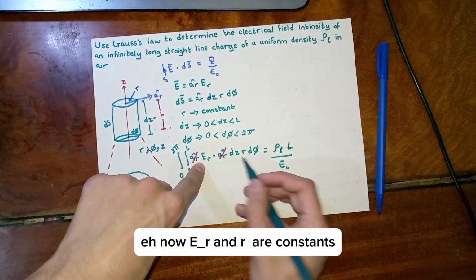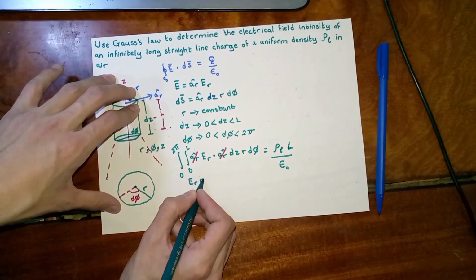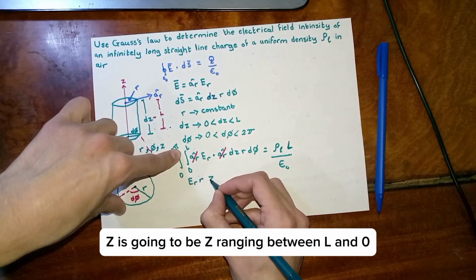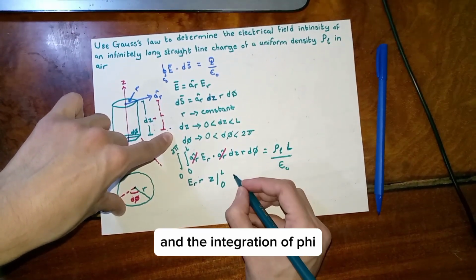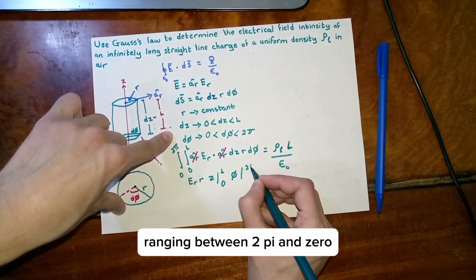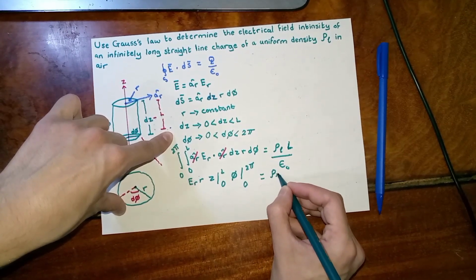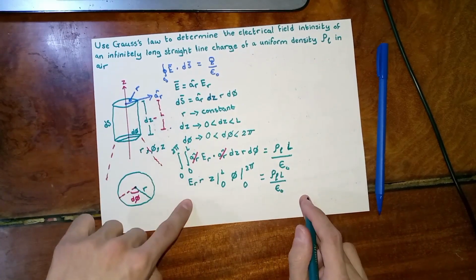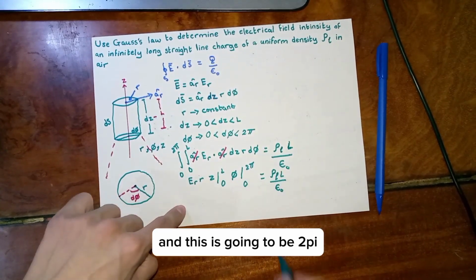Now E sub r and r are constants. The integration of dz is going to be z, ranging between L and 0, and the integration of d phi is going to be phi, ranging between 2 pi and 0. Now this is going to be L and this is going to be 2 pi.